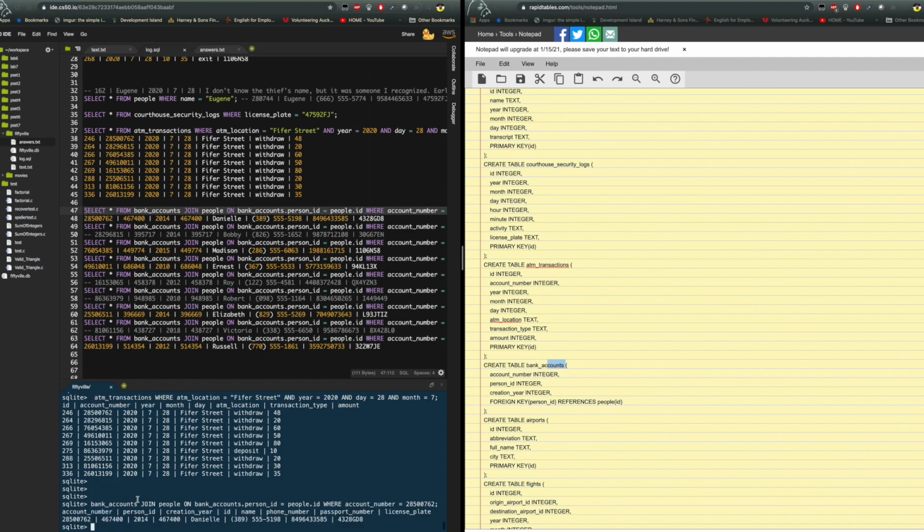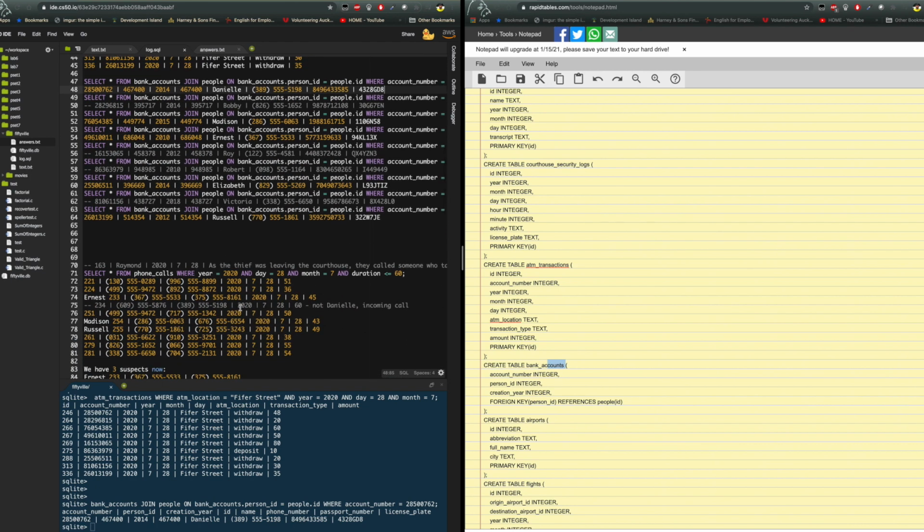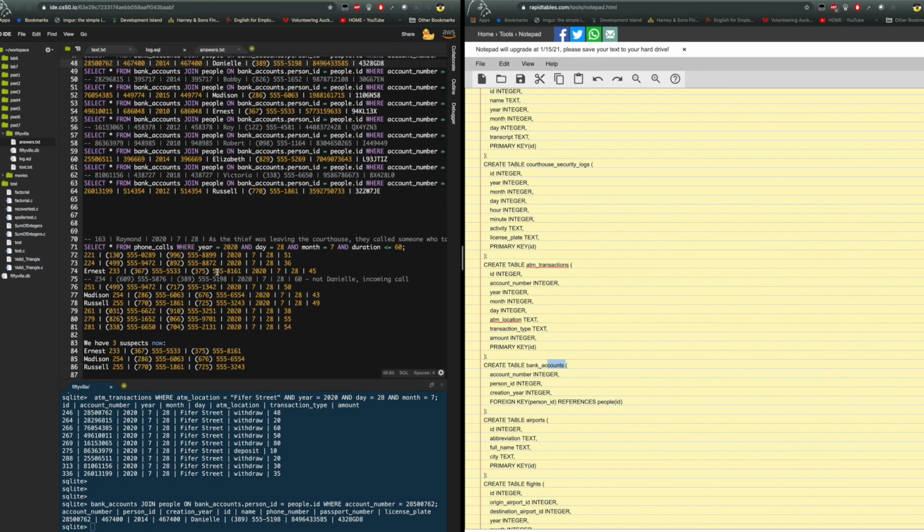And if you go one by one, that's what you extract: the account number, person ID, year created, ID in the system, name, phone number, passport number, and license plate. That's very useful information for us. So I copied all the information down here, and we had 10 suspects. Then I decided to go by another tip, about the phone calls.